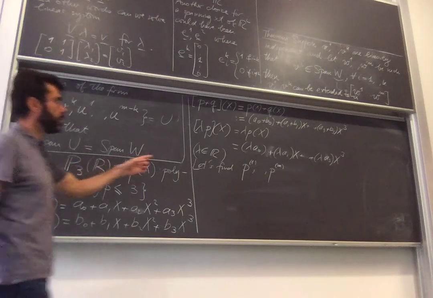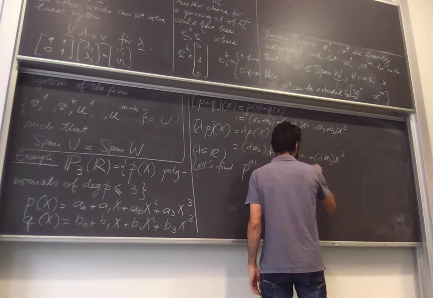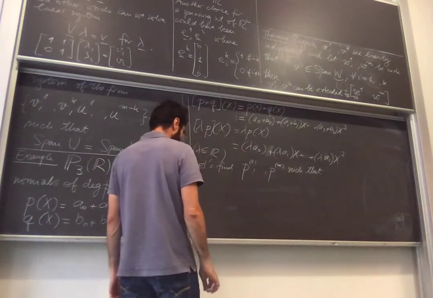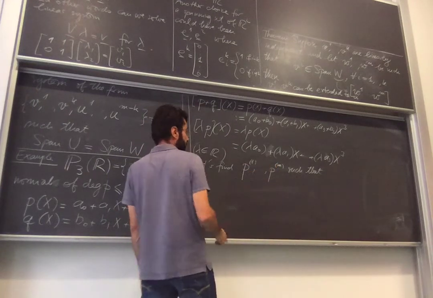So let's find these polynomials P1 to Pn, such that, if possible, I don't know, first we have to find n.